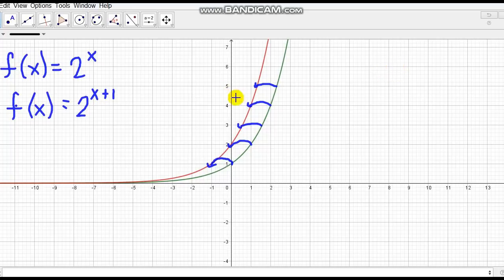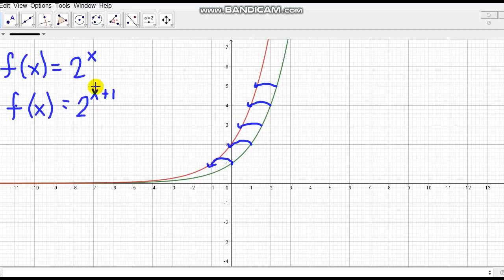So if we add 1 onto the exponent x, the graph shifts to the left. As we add more x's here, as h increases, the graph shifts to the left.